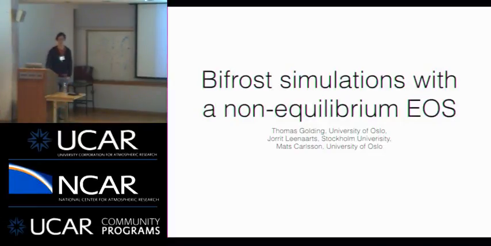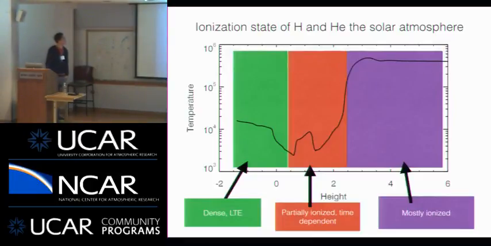I'm going to talk about a new module for the equation of state in the Bifrost code, which takes into account non-equilibrium ionization of both hydrogen and helium. So let's first spend some time on the ionization state of these important elements in the atmosphere.